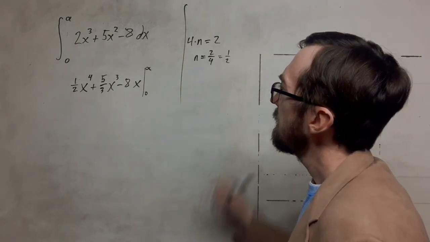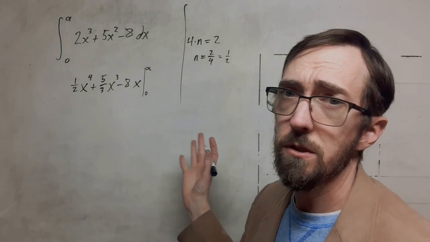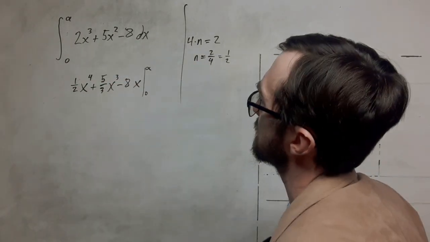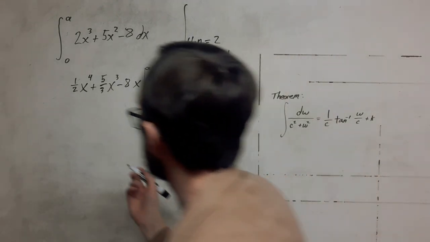All right. Now, the nice thing about the second half of this, it is going to go to 0. What's the first half of this going to be? Well, we're going to plug in alpha everywhere that we have an x.